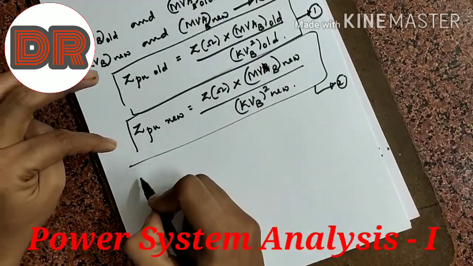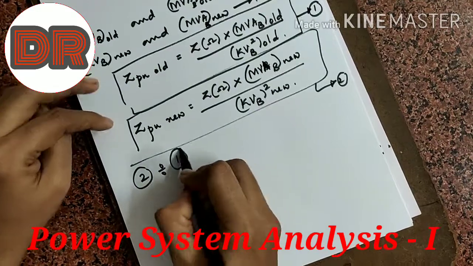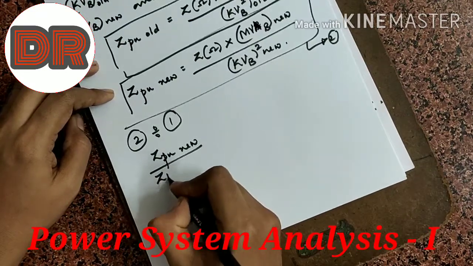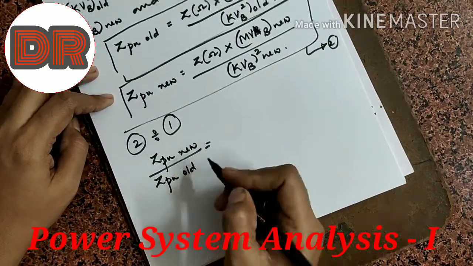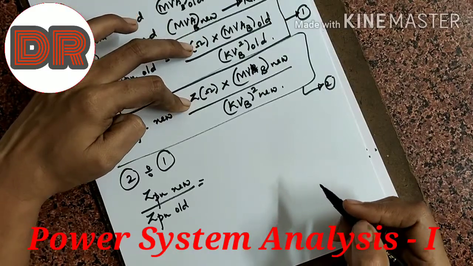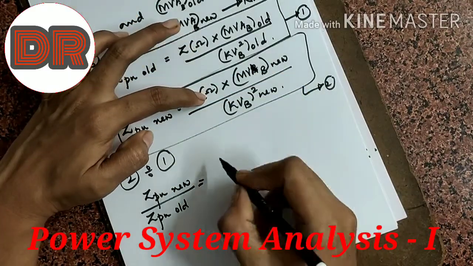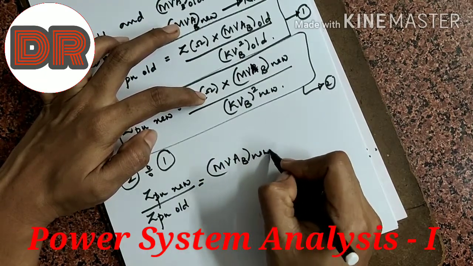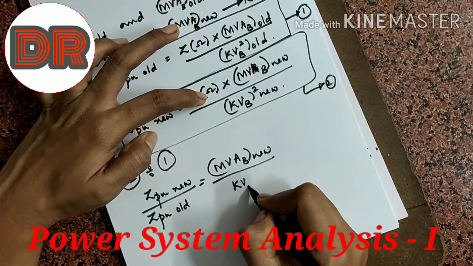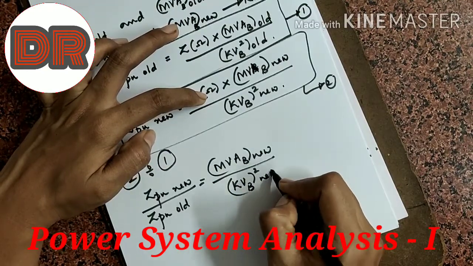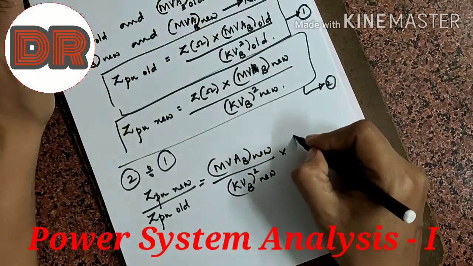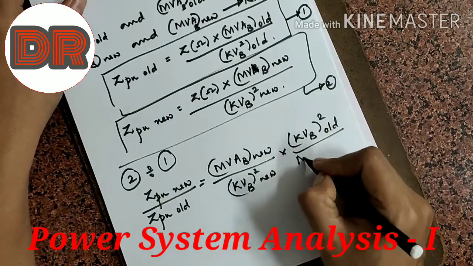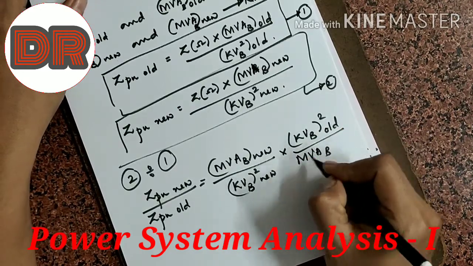Now let me divide 2 by 1. So what does this give? Z per unit new divided by Z per unit old is equal to this divided by this. So Z in ohm gets cancelled. What we get is MVA base new divided by kV base new square, into the reciprocal, kV base old square divided by MVA base old.